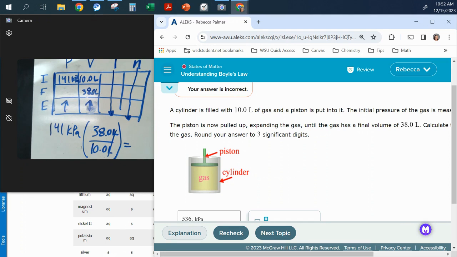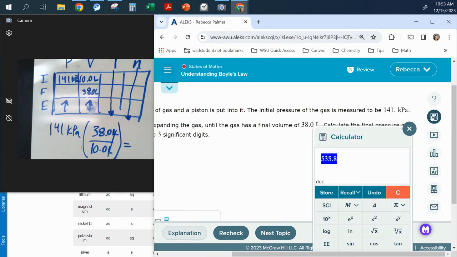Maybe I typed it in wrong. I'm trying something new. The person from Weaver State came yesterday, and I'm trying her new thing, but I'm not sure that is working for me.